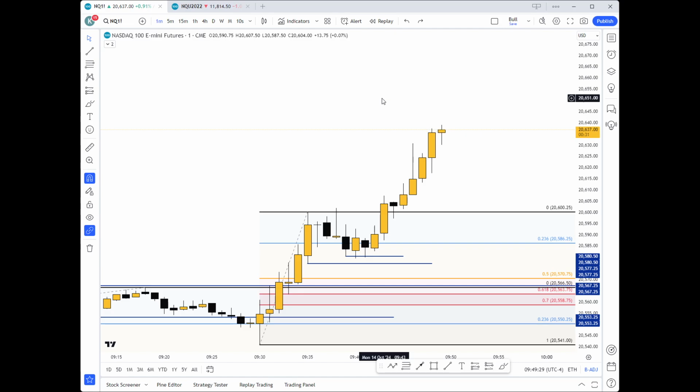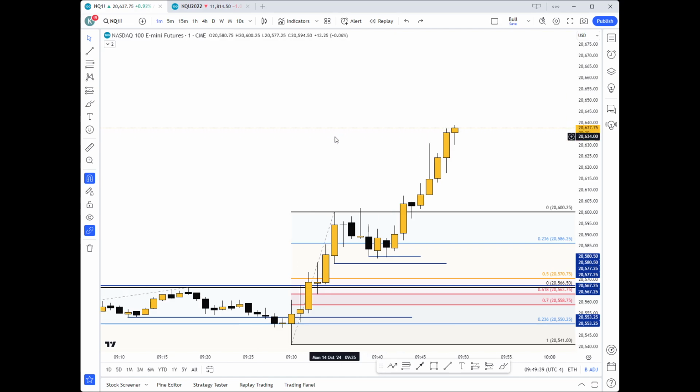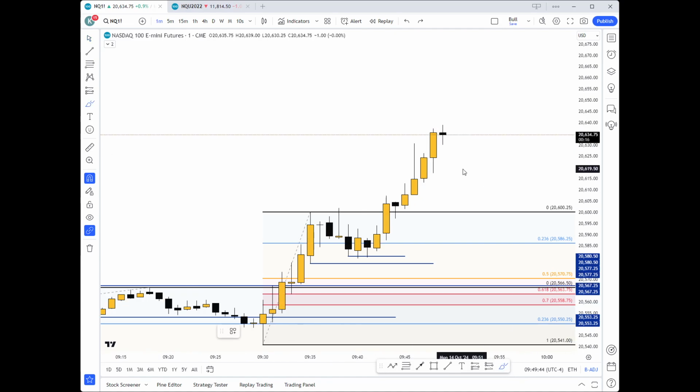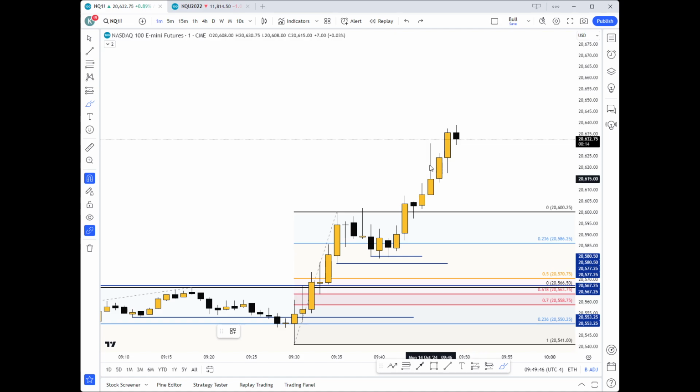My executions screen said that I closed it. My account said that I had no positions open. My execution screen showed that I had no positions open. And somehow a bunch of my accounts not only didn't close the position, but somehow added to the position.